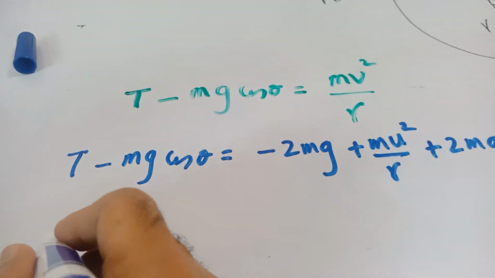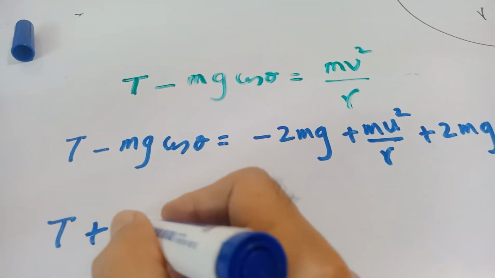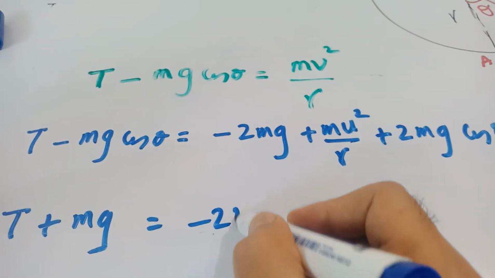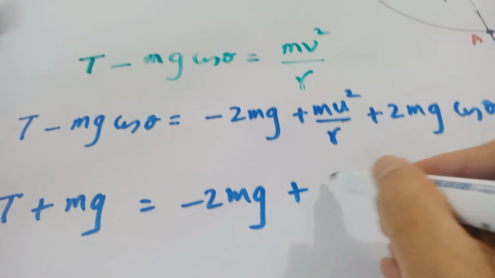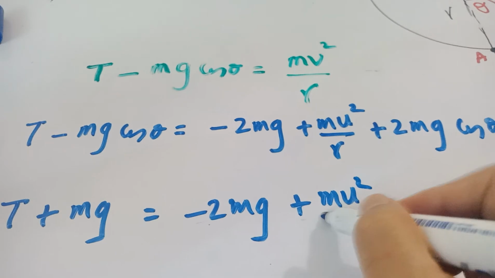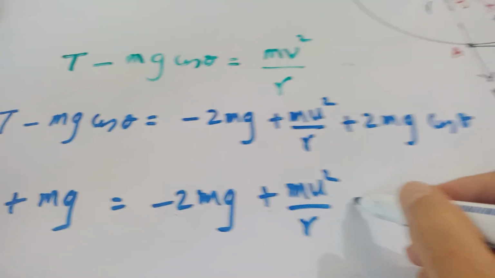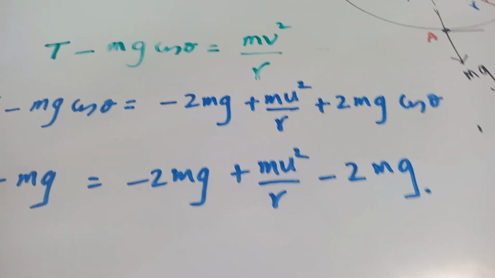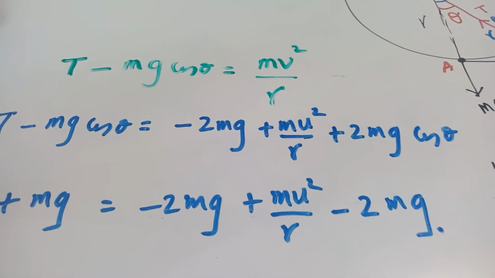So this becomes T plus mg equal to minus 2mg plus mu square over r, and this is minus 2mg because your cos 180 is minus 1.